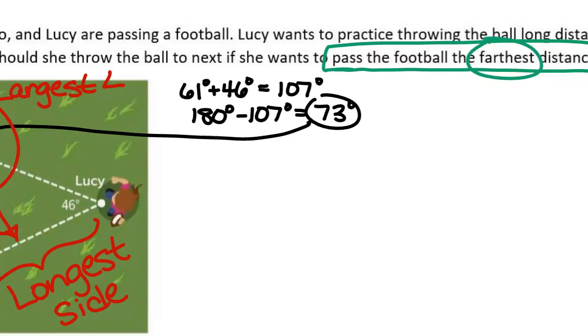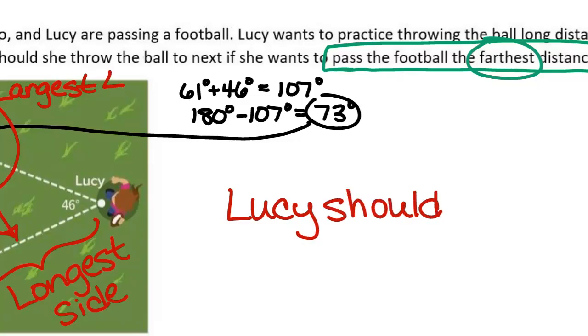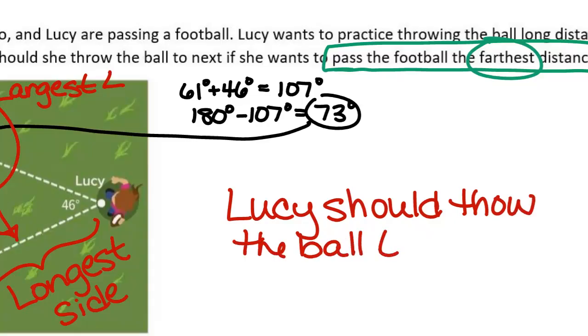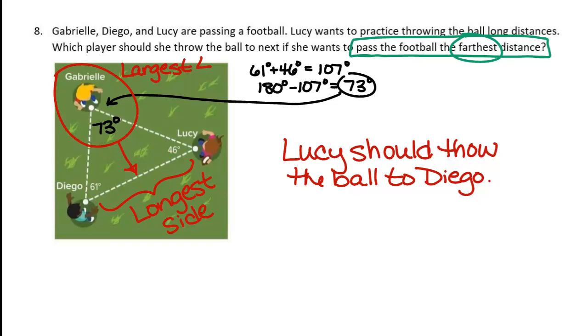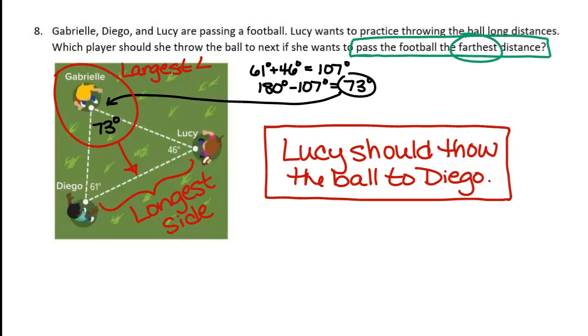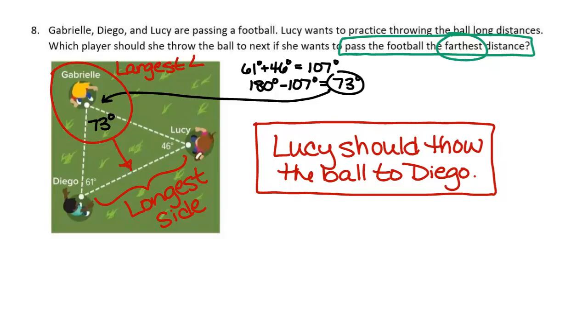To Diego. Lucy should throw the ball to Diego. Did they ask me to explain my reasoning? Nope, then I'm good. I can leave that as my final answer there. Nicely done.